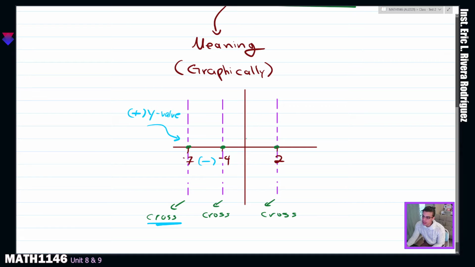So what will be the sign of the next region? Positive or negative? It's going to be positive, and the last one is going to be negative as well, because the behavior of the graph at those x-intercepts is crossing.